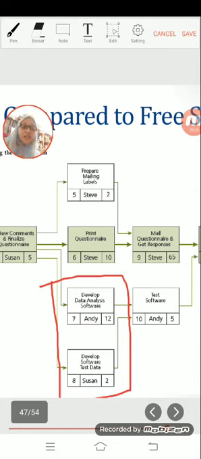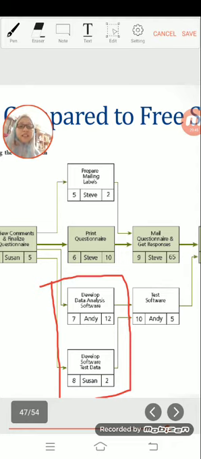So how much free slack does it have? 12 minus 2 equals 10 days. If activity 8 finishes early at the first 2 days, it has another 10 days of free slack.